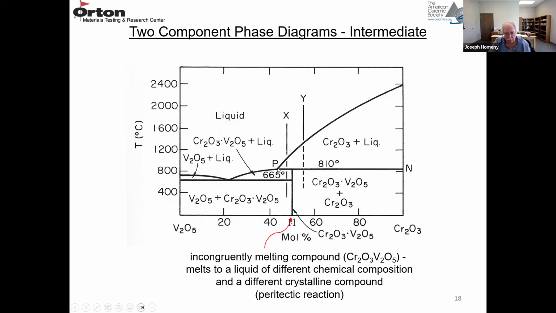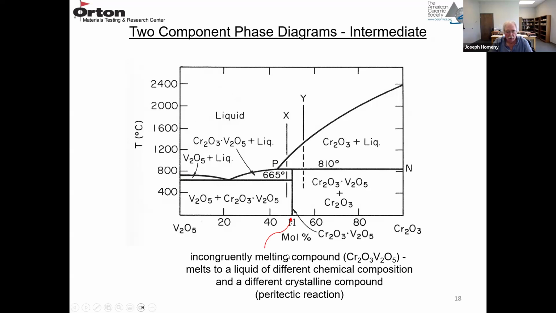The liquid composition is over here at this point P, which is the peritectic reaction. So as you increase the temperature, this goes to Cr2O3, a different crystalline compound. The Cr2O3·V2O5 disappears, and the liquid is not of this one-to-one ratio. It's over here at this point P.